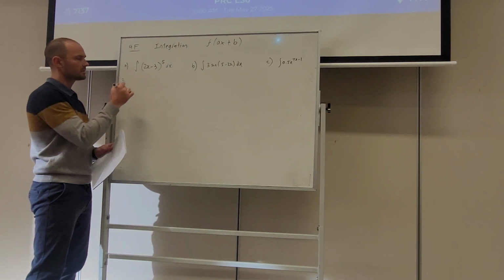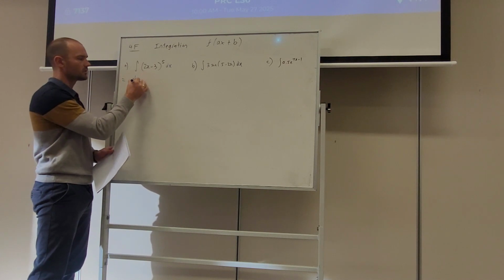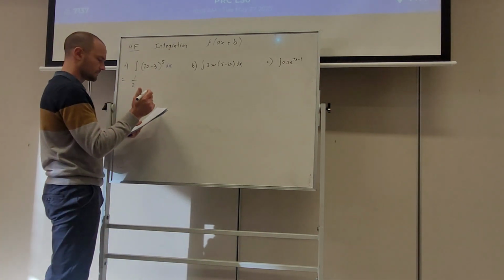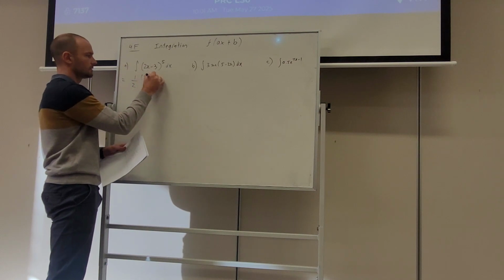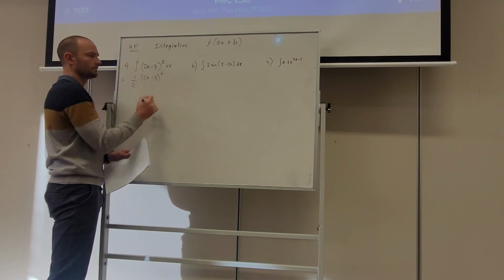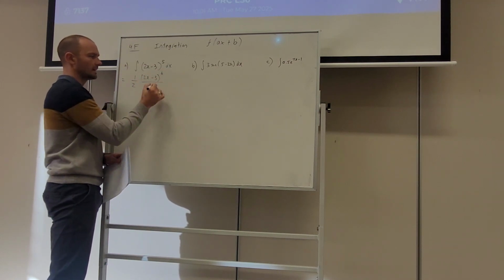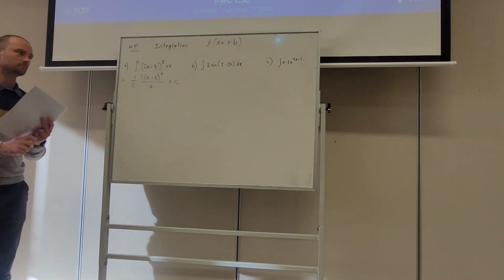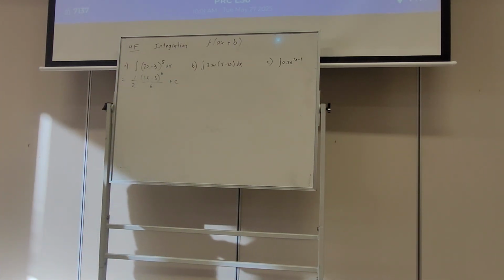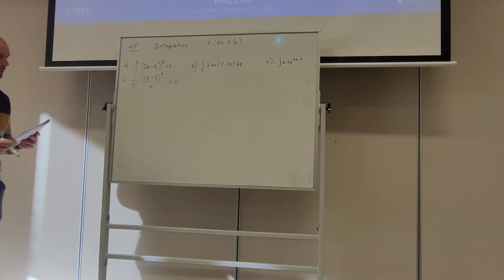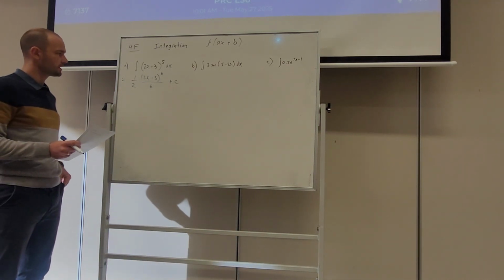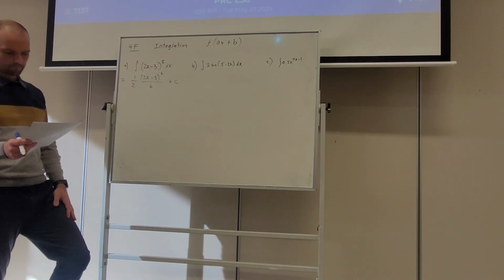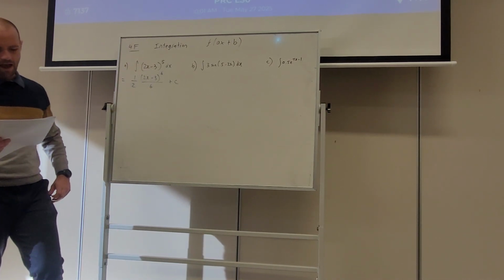So this one will integrate to 1 on top of a, and then we would have ax plus b to the power of n plus 1 on top of n plus 1 plus c. It's just a matter of putting in rules there that can simplify to 1 on 12.